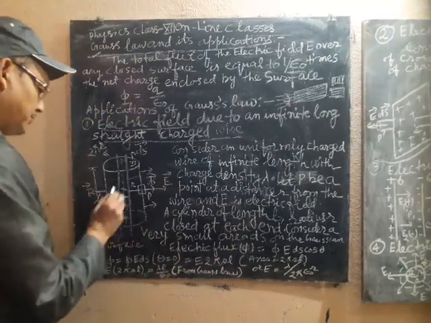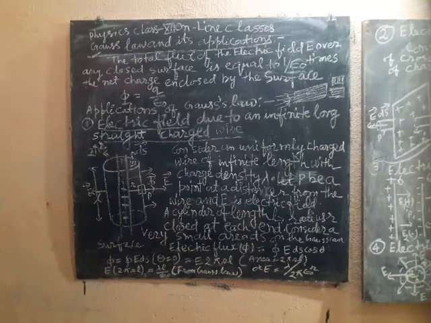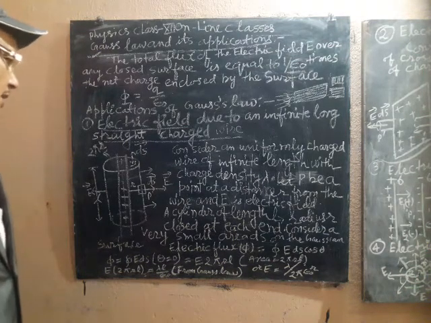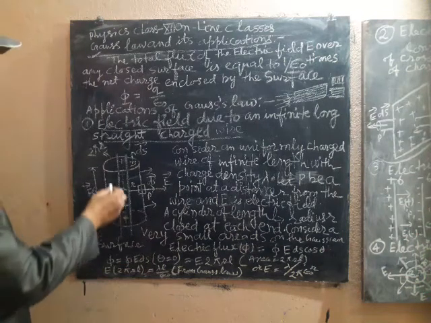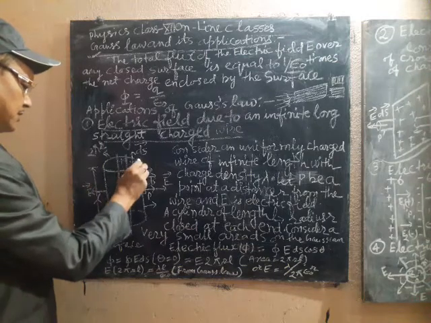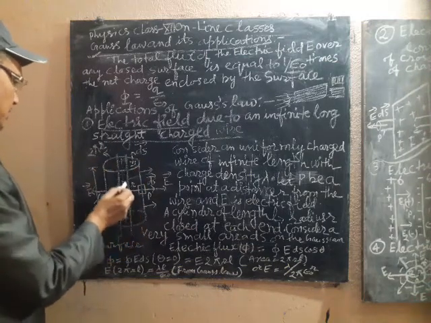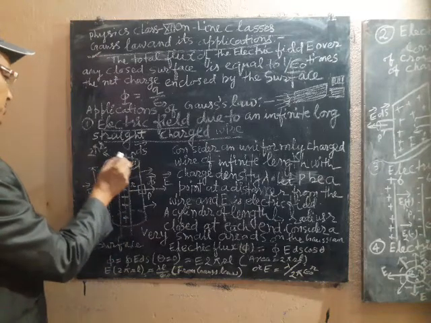Electric field due to an infinitely long straight charged wire. Try to understand all the things I have written here. The area here is a circle with circumference 2 pi r.